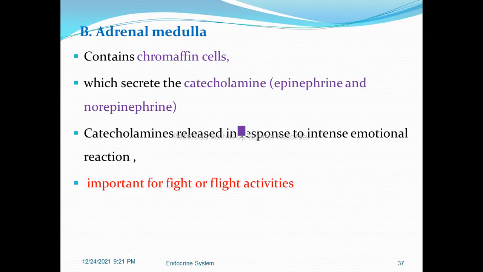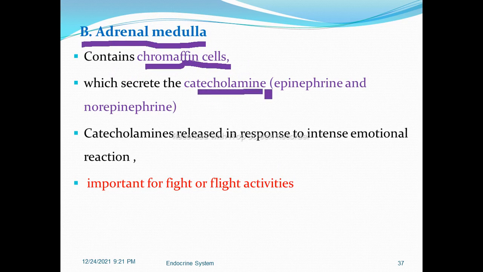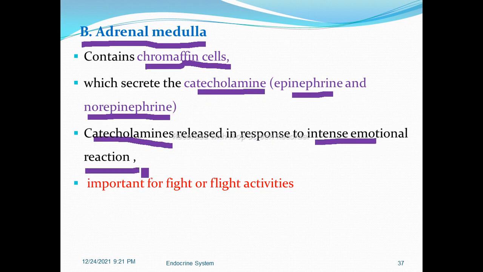Okay. The second one is the adrenal medulla. It has specialized cells known as chromaffin cells. Chromaffin cells secrete catecholamines, known as epinephrine and norepinephrine. These catecholamines are released in response to intense emotional reaction.